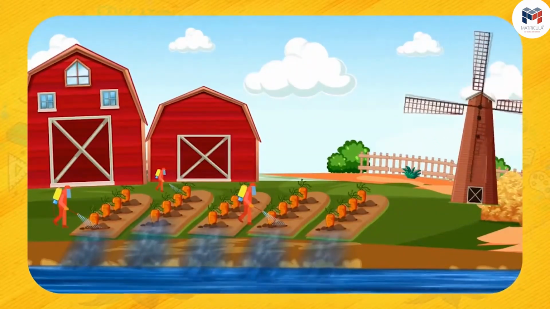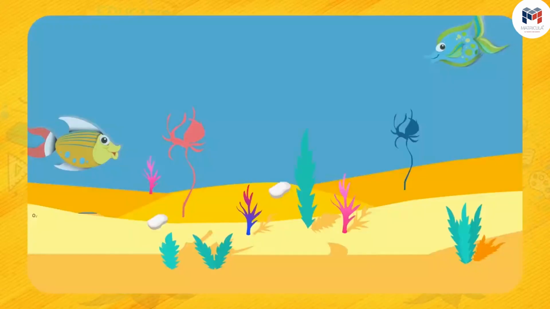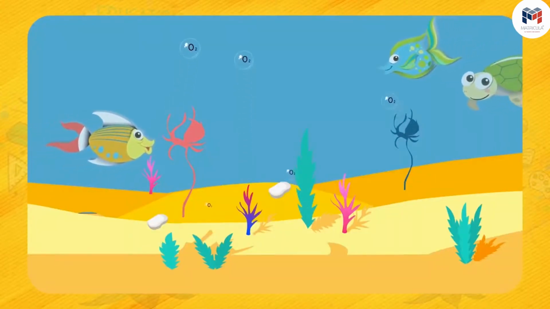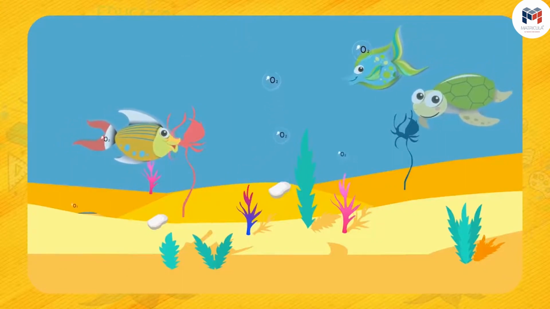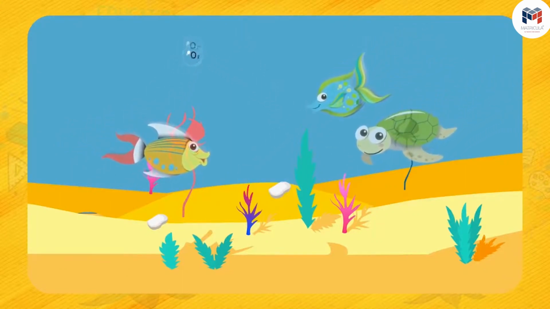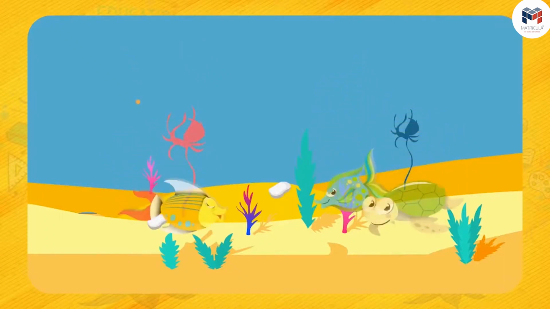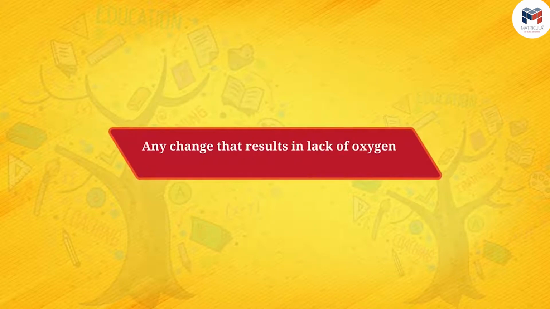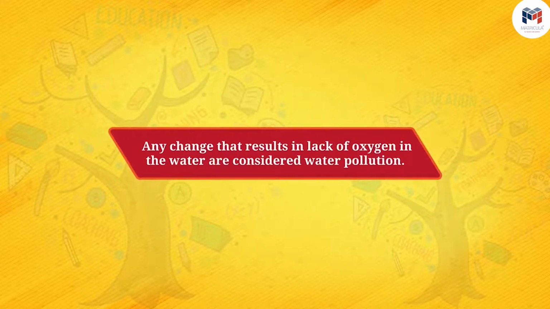Friends, what if useful substances like oxygen are removed from water? Just think. Aquatic plants and animals will not get oxygen and they will die in the end. So any change that results in lack of oxygen in the water is considered water pollution.